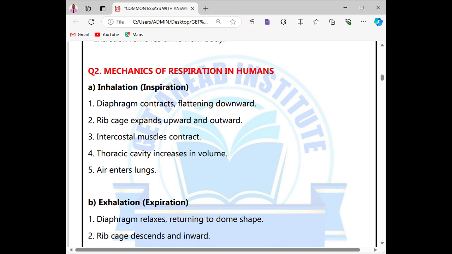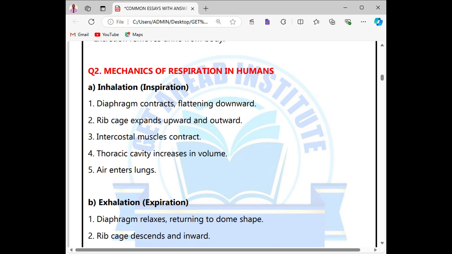The mechanics of respiration in humans has to do with how the process of breathing occurs, not necessarily touching the physiological aspect, which has to do with maybe the nerves.